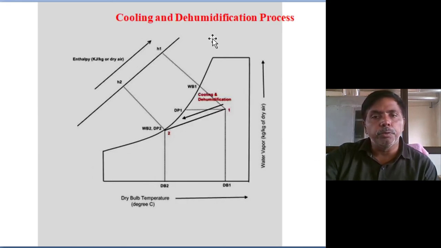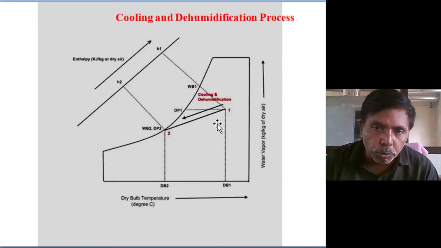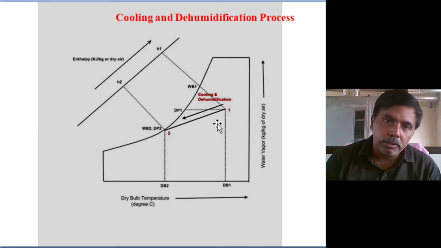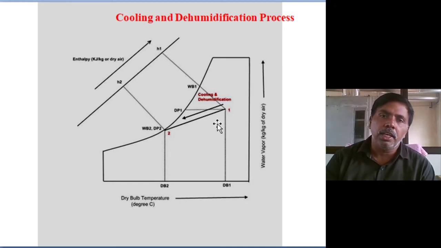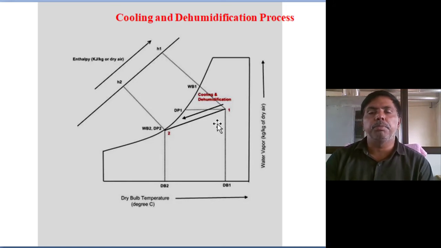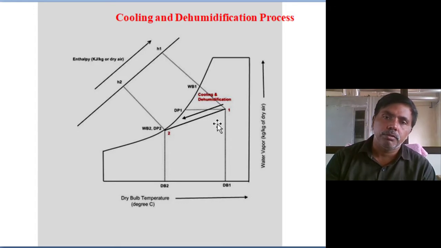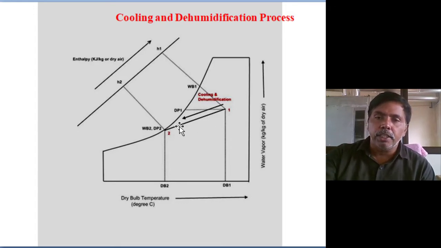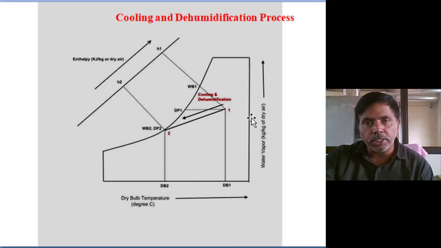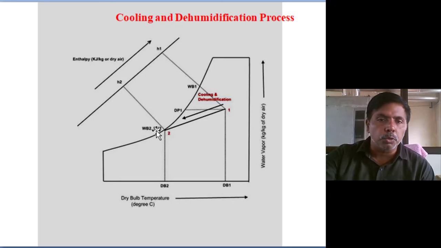Next, cooling and dehumidification. Here I want to cool the air and dehumidify the air. What can I do? As I already mentioned, move to the dew point temperature. Cooling and dehumidification means simply you cool the air up to the dew point temperature. In between, before reaching the dew point itself, you reach the saturation condition. Once the required moisture condition is reached, you don't need to go up to the dew point temperature.